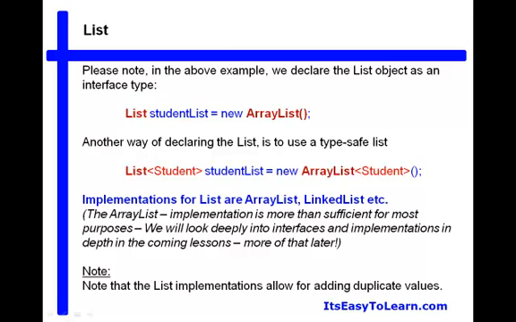That is, it can contain only elements of type Student. The previous declaration, List student list equal to new ArrayList, can contain any Java object. Whereas the second declaration makes it specific that this list contains only Student objects. And remember, a list allows us to add duplicate values.